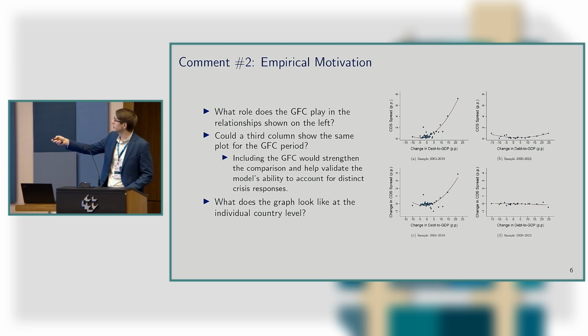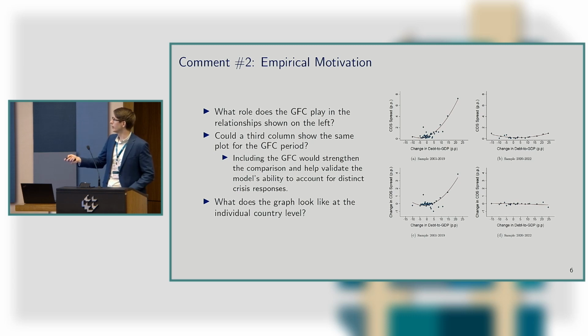And this part obviously includes the crisis because it must be part of your sample, but for that graph in particular, when you're using it for the motivation, it would be nice to know which of, it's probably these dots here, obviously, but are those the ones that are the crisis period, or would it be worthwhile to have a third column here, which isolates those few years? And then similarly, these graphs are, if I understand correctly, averages across countries, and then you take bins over time.